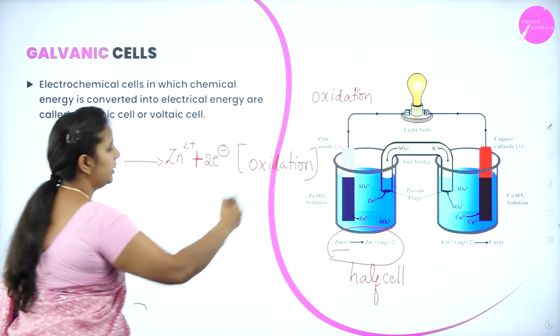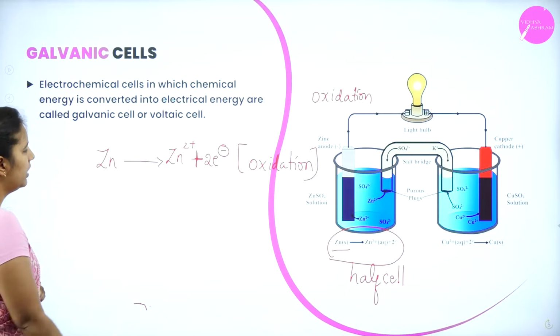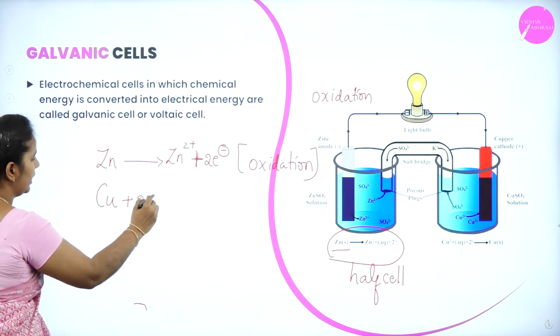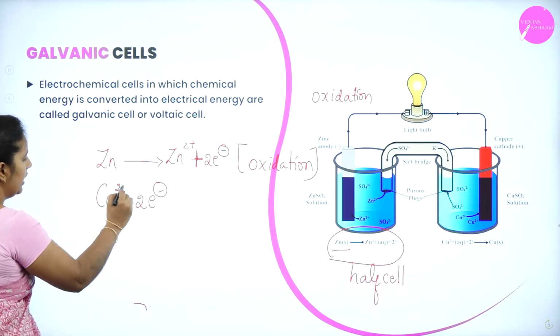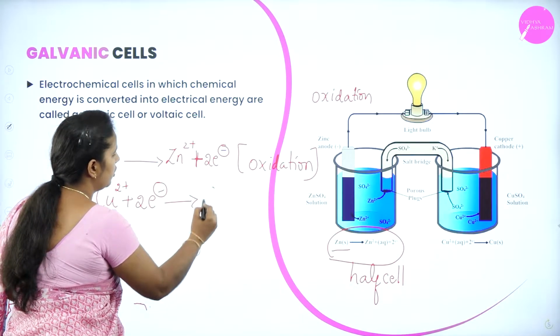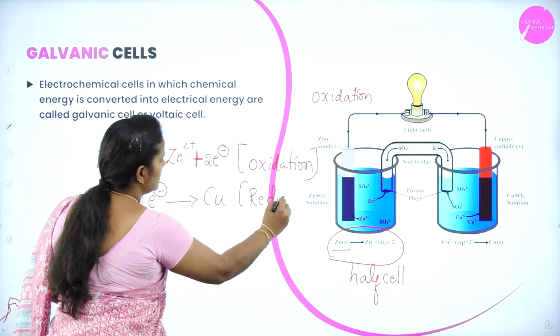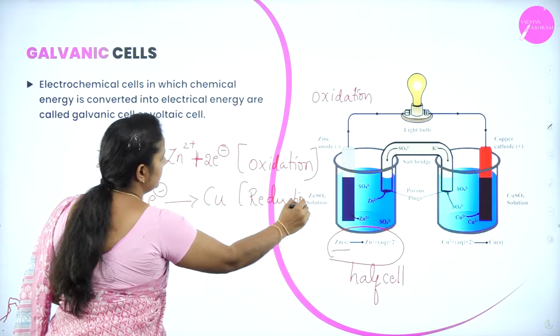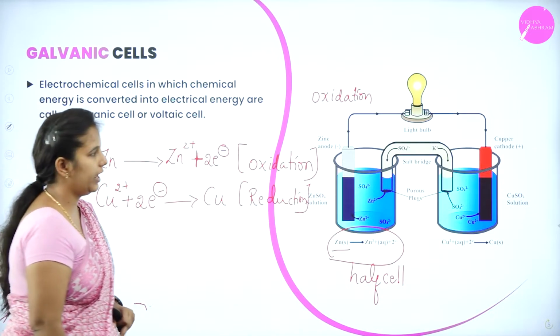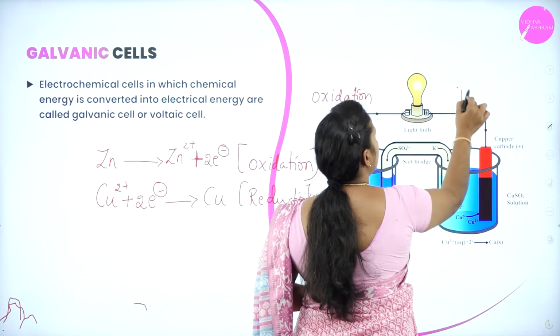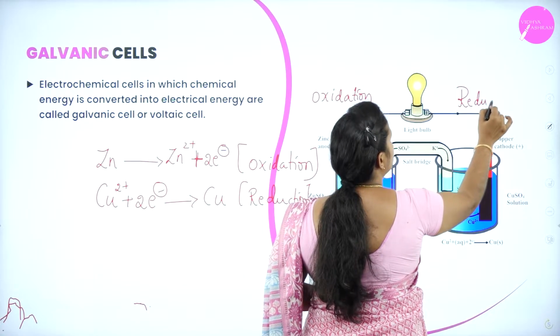Next, coming to the other side, that is the copper, where copper will accept these 2 electrons and get reduced to copper. So reduction takes place here. Remember, especially at the cathode, reduction always takes place.